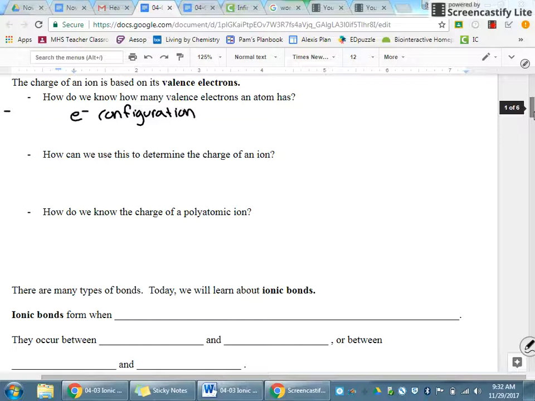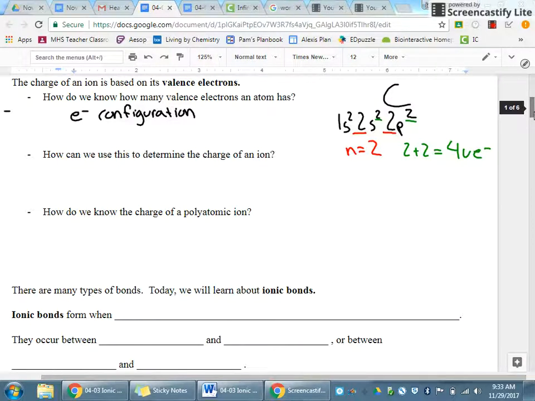So for instance, if we were going to find out the number of valence electrons for carbon, we would know that the electron configuration is 1s2, 2s2, 2p2. The number of valence electrons is the total number of electrons in the highest energy level, which in this case is 2. We just add the electrons together: 2 plus 2 equals 4 valence electrons. Okay, so carbon has 4 valence electrons. So that's your first one.